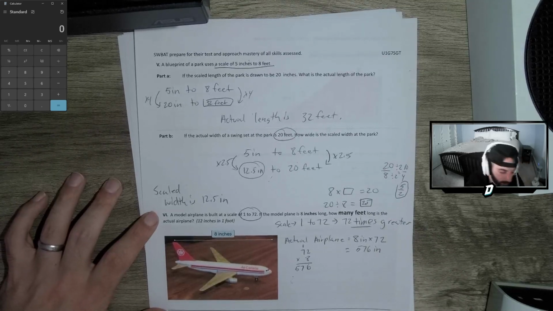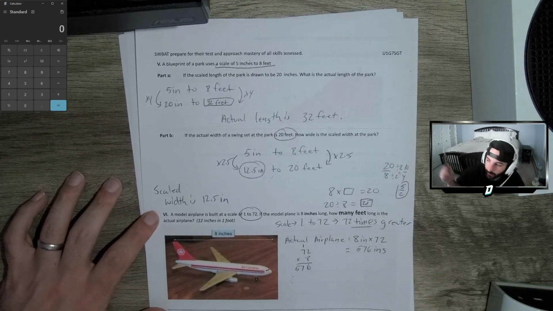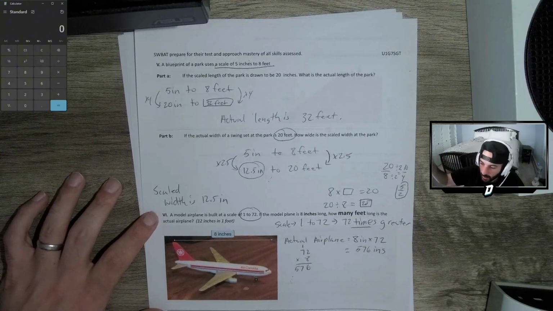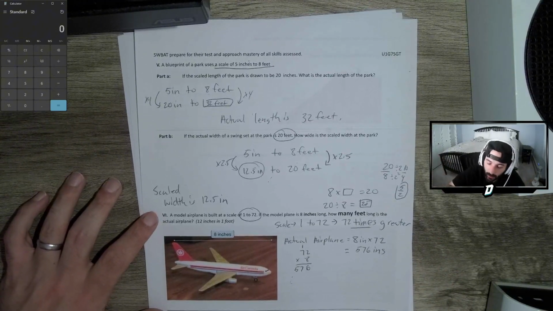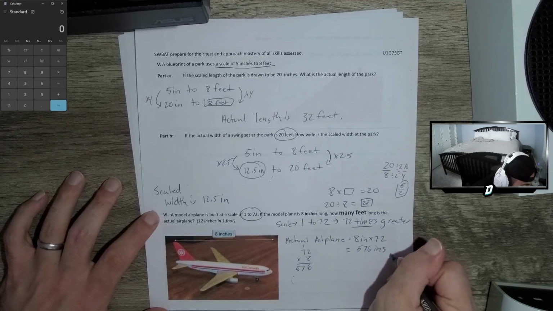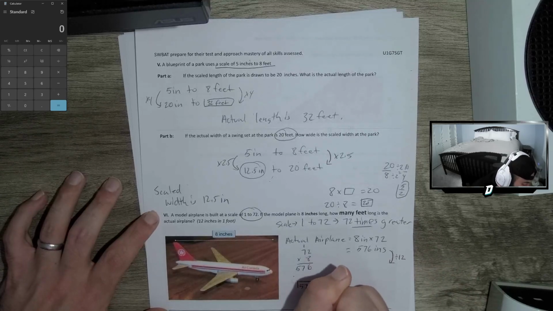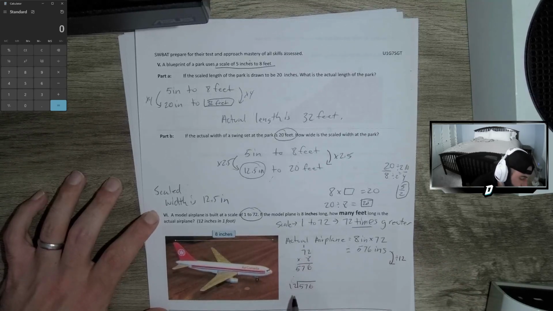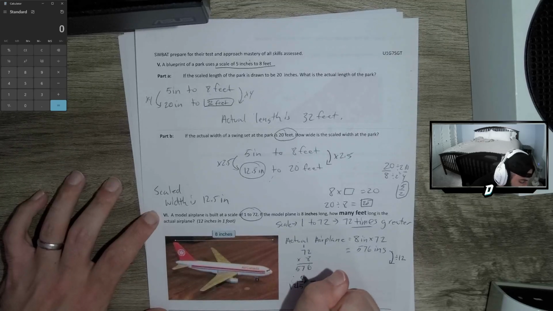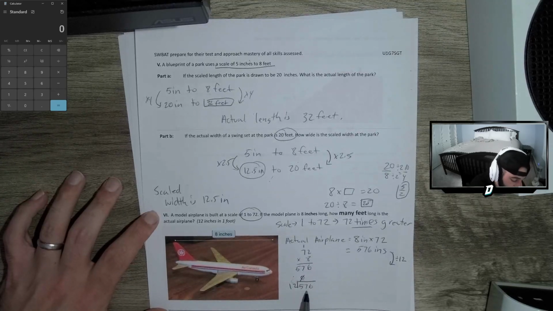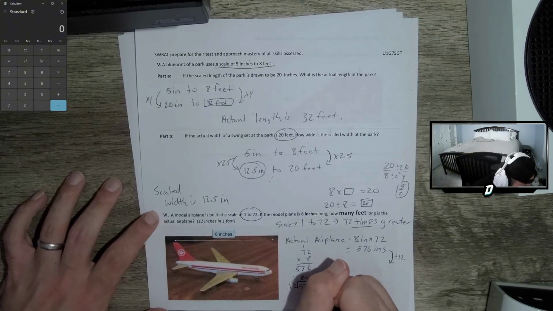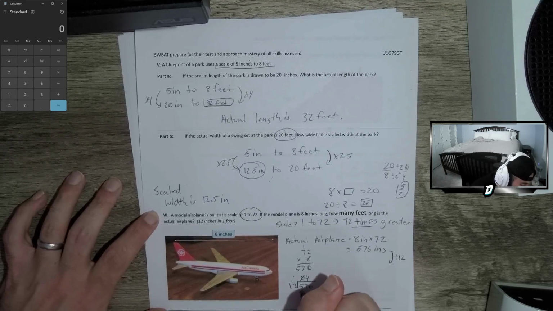But you're not going to be like, hey guys, look at that plane. It's 576 inches long. No, you're going to convert that to feet. We know that there's 12 inches to a foot. And to go from inches to feet, you divide by 12. And so 576 divided by 12. 12 goes into 5 0 times. 12 goes into 57. Well, I know 12 times 5 is 60, so it must go in 4 times. 4 times 12 is 48.